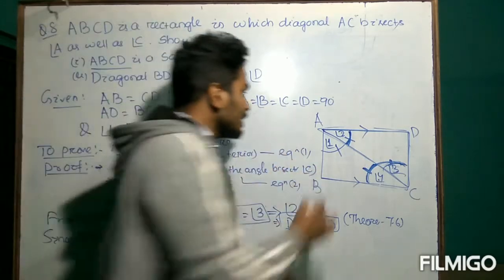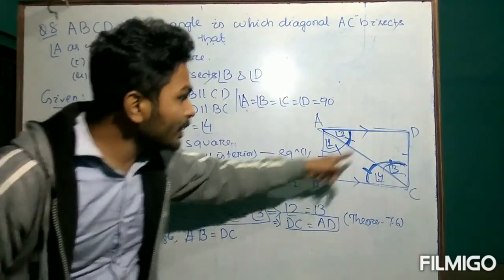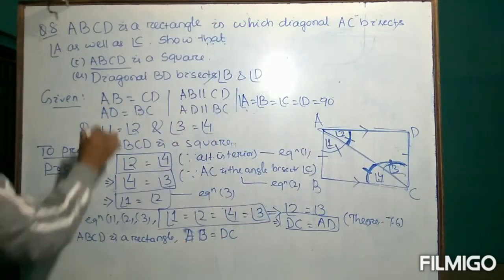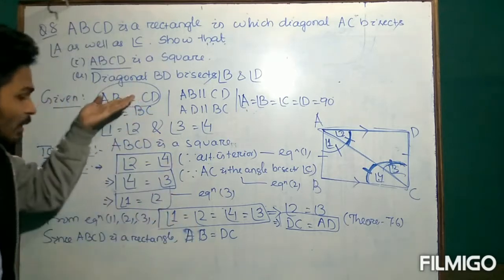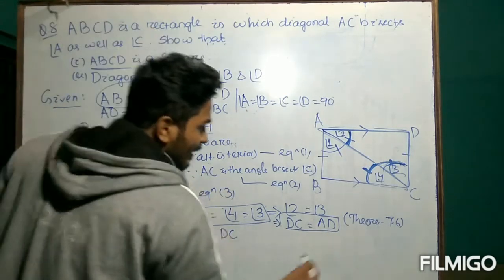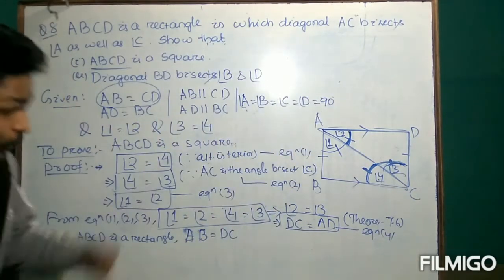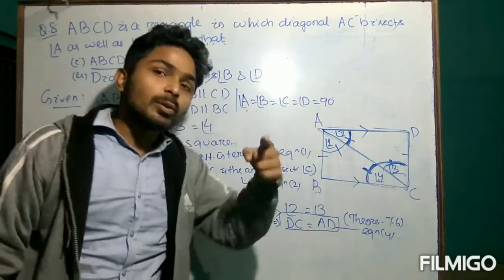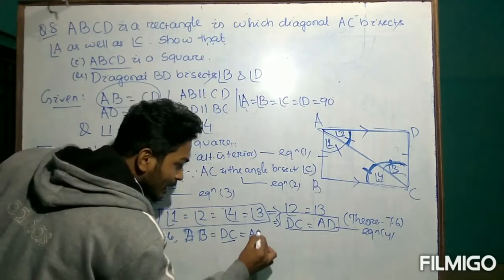Since it is a rectangle, the pair of opposite sides must be equal. That's why I have written AB is equal to DC. But here in equation number 4, what have we got? We have got DC is equal to AD.